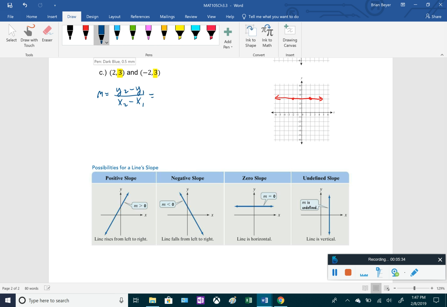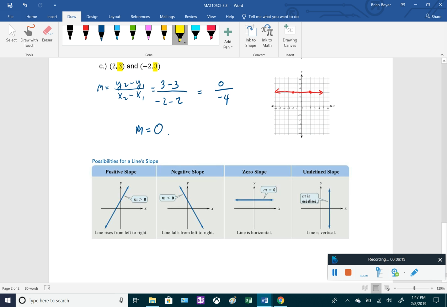So the first ordered pair is going to be x1, y1, and the second one is x2, y2. It's going to be 3 minus 3 for the change in the y values, and negative 2 minus 2. So we're going to get 0 over negative 4. When 0 is in the numerator, that means the number is just 0. So our slope here is 0. So 0 is the slope of a horizontal line, and undefined slope would be the slope of a vertical line.